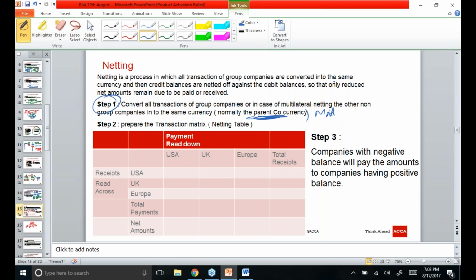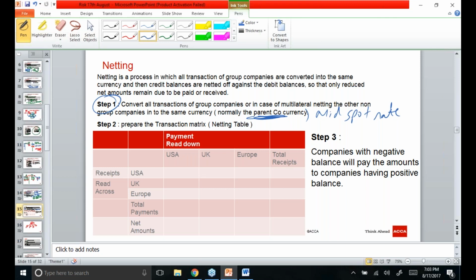You have to use the mid spot rate. What is the mid spot rate? The average of bid and offer.